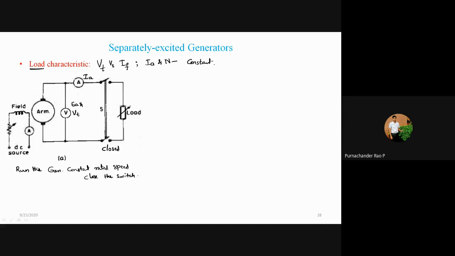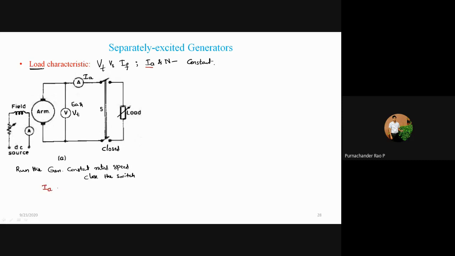Once the switch is closed, the load is connected. The next thing we have to do is keep IA constant. The switch is closed, the rated current is adjusted.